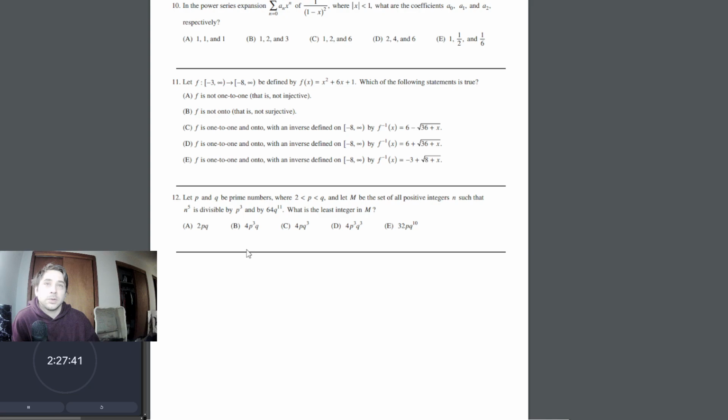Q is greater than P. All positive integers n such that n to the fifth is divisible by P3.